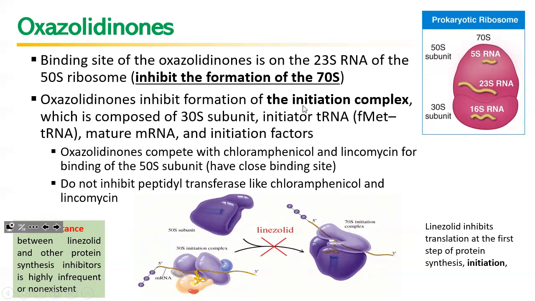The initiation factors are proteins or enzymes that act to bring all of these components together so the 70S ribosome is assembled. Linezolid will inhibit this process, so the 70S will not be assembled. So it acts very early in the process of initiation.